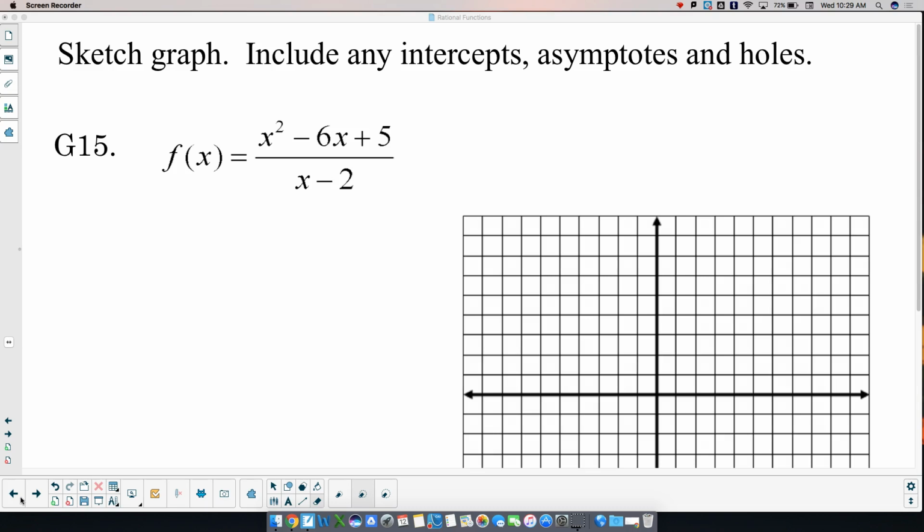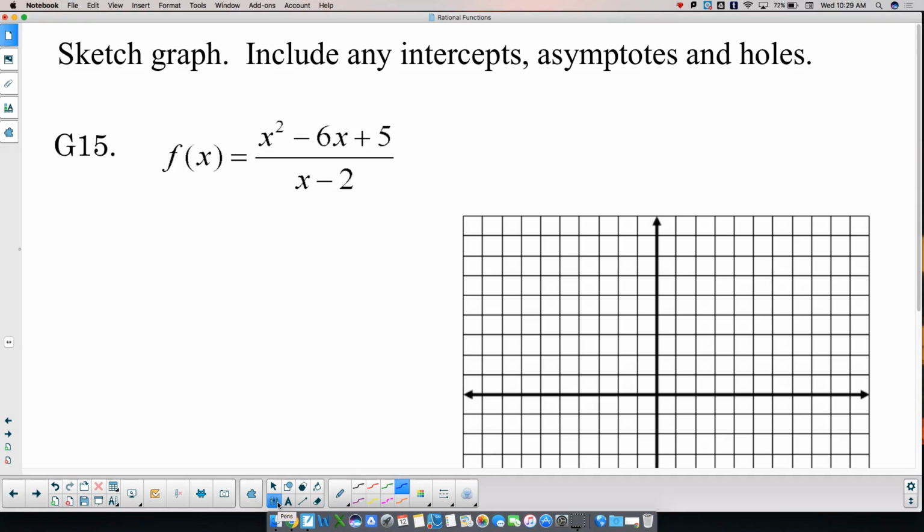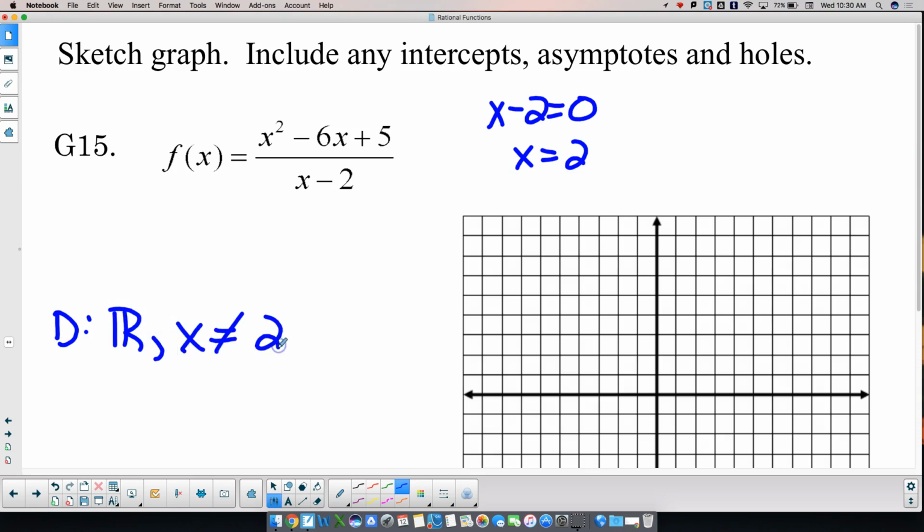First step is I need to set my denominator equal to 0. That gives me x equals 2. I need to say then that the domain here is all real numbers, but x cannot be equal to 2. Step 1.5, x minus 5, x minus 1, all over x minus 2.